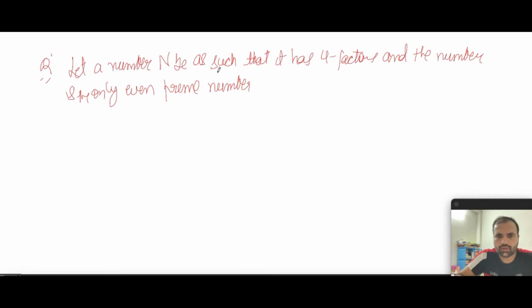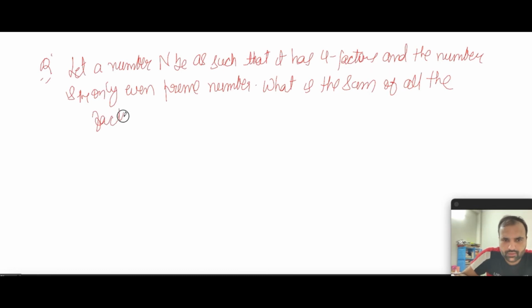Okay, again, let a number n be such that it has 4 factors and the number is the only even prime number. So what is the sum of all the factors of n?